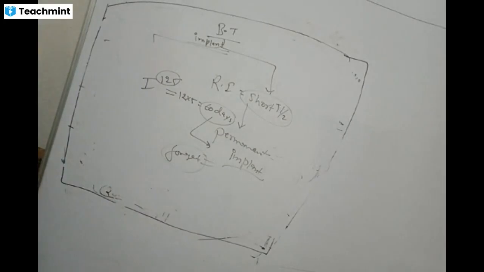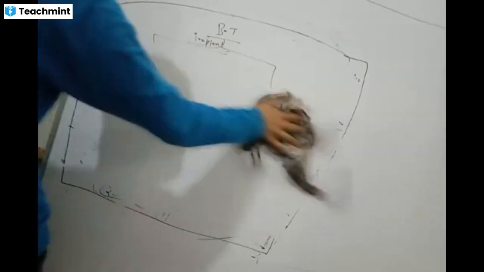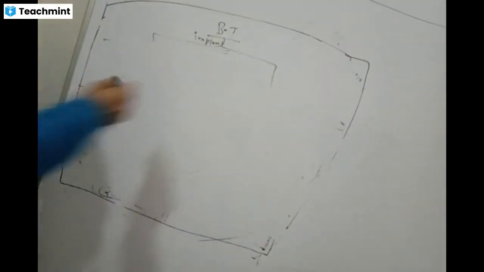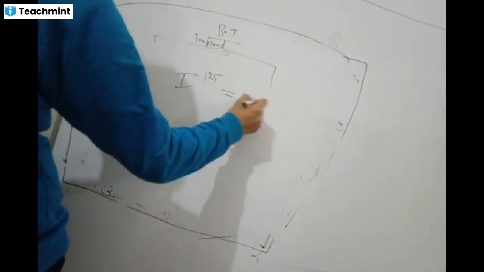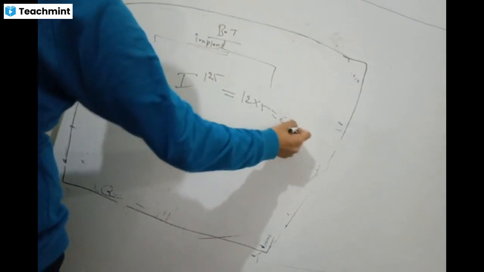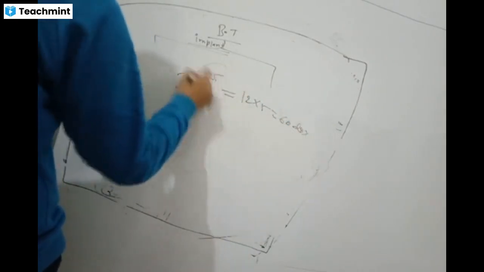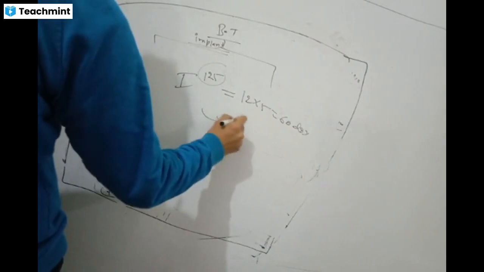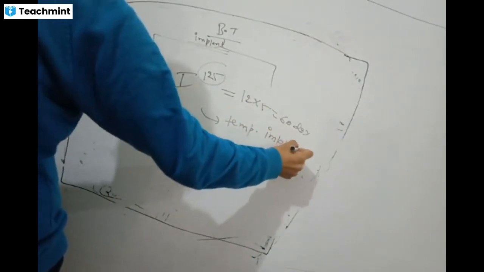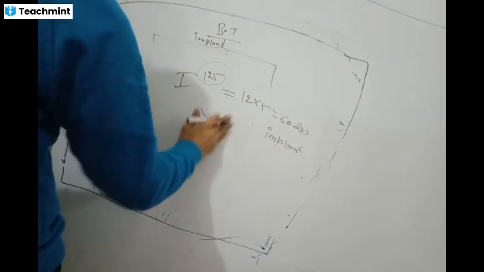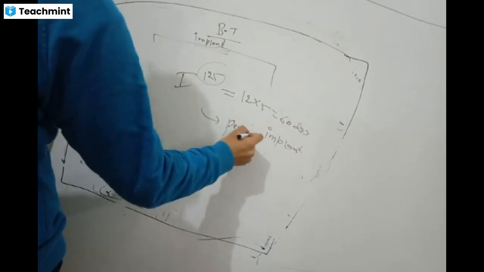So iodine 125, there are two radioisotopes. Remember about iodine 125, which is 12 into 5, that is having 60 days half-life. It is used as a permanent implant.